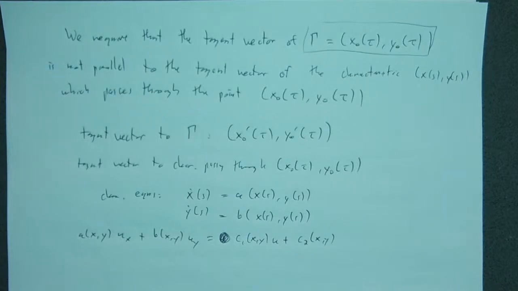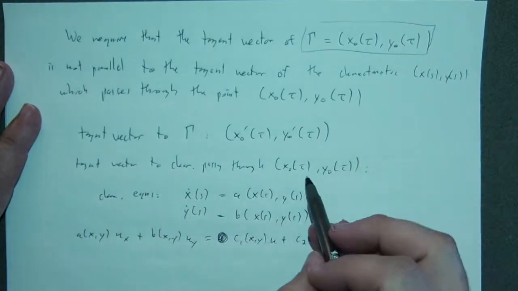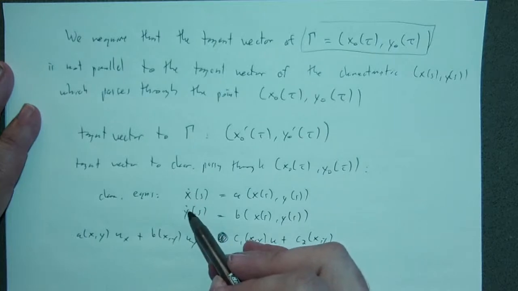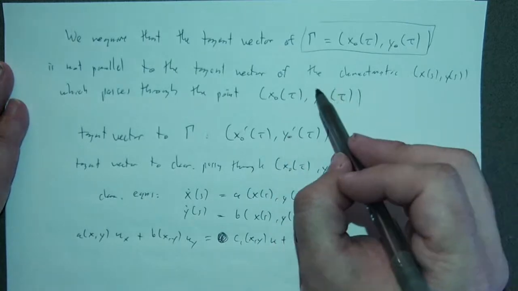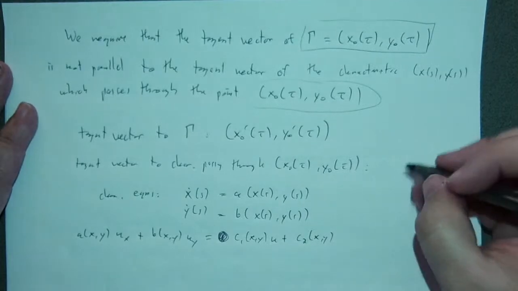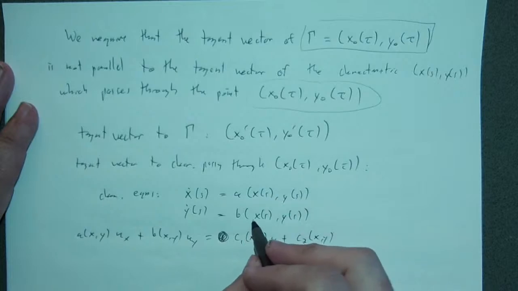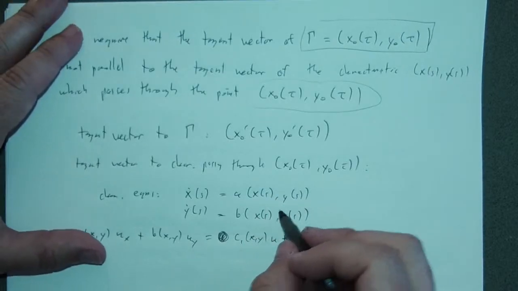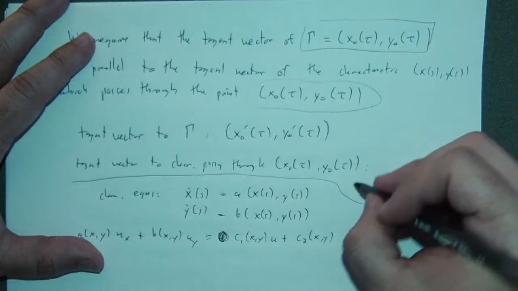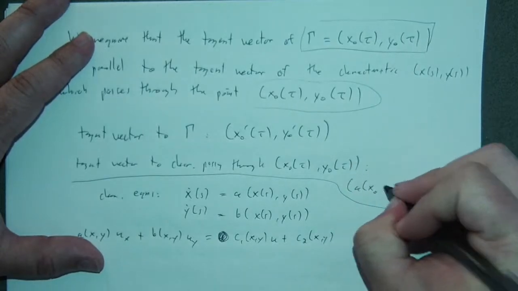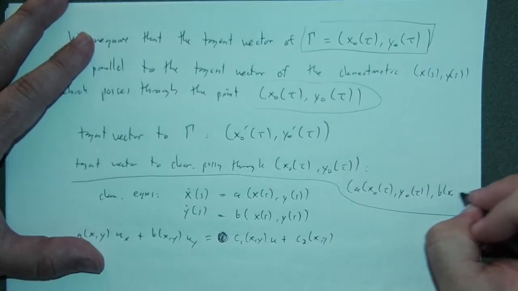So the characteristic equations tell me that the tangent vector to the characteristic is x dot, y dot, which is just a and b with x and y of s plugged in. But here I'm looking specifically for the characteristic passing through this point, and so it is a of x naught tau, y naught tau in the first slot, and b of x naught tau, y naught tau in the second slot. And so the tangent vector to the characteristic is a of x naught tau, y naught tau, and b of x naught tau, y naught tau.